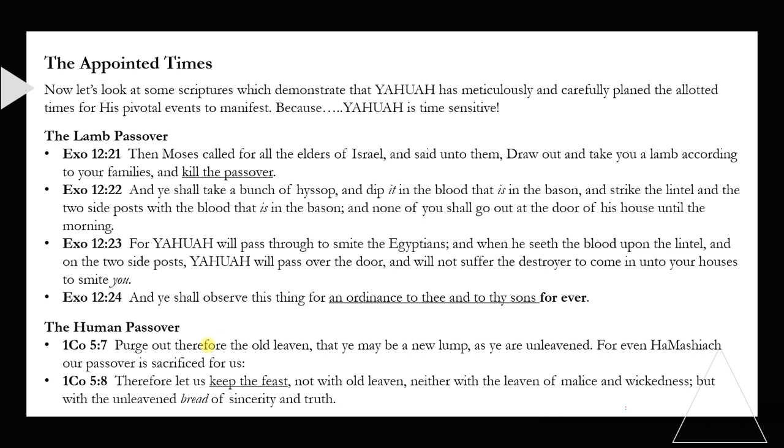For even Hamashiach, our Passover, is sacrificed for us. Therefore, let us keep this feast. He's referring to the feast of unleavened bread, not with the old leaven, neither with the leaven of malice and wickedness, but with the unleavened bread of sincerity and truth.